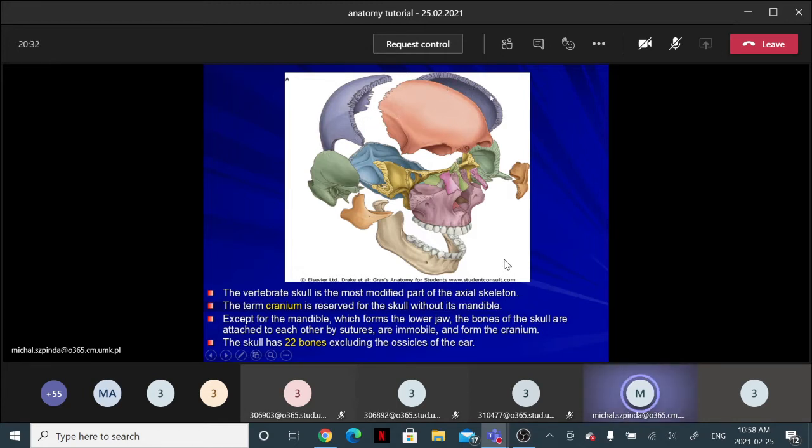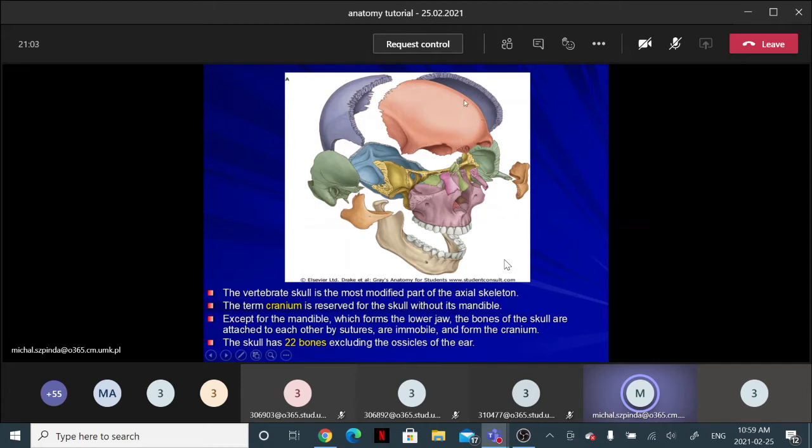The cranial roof is composed of squamae, like fish plates. We can say squama or squamous part. So all bones in the calvarium roof look like squamae.